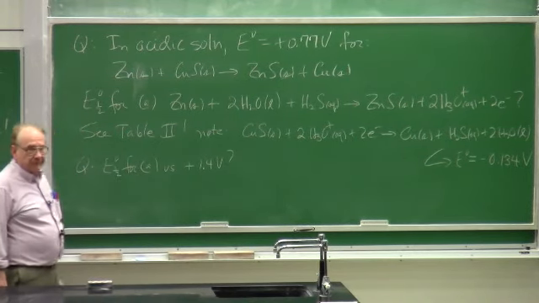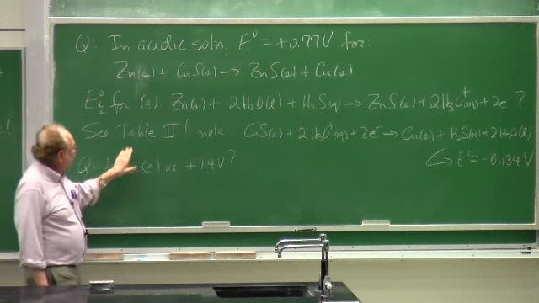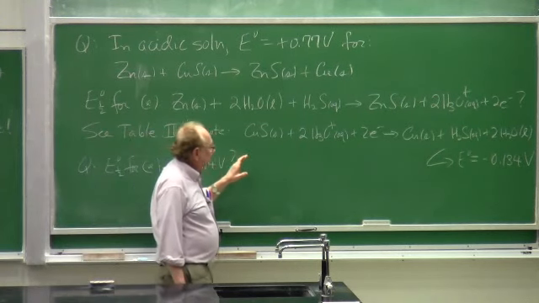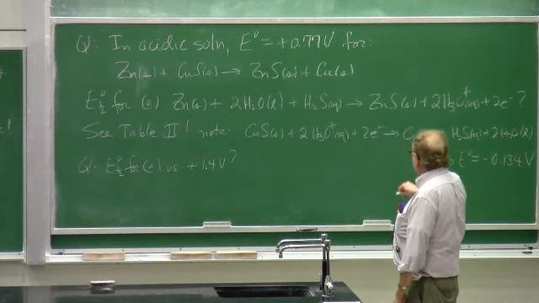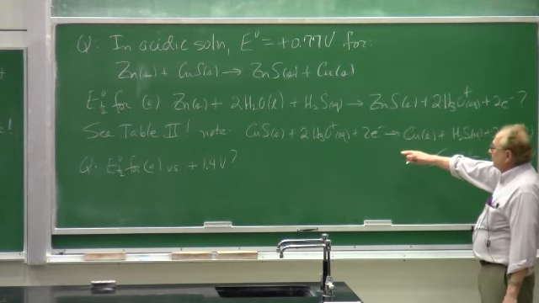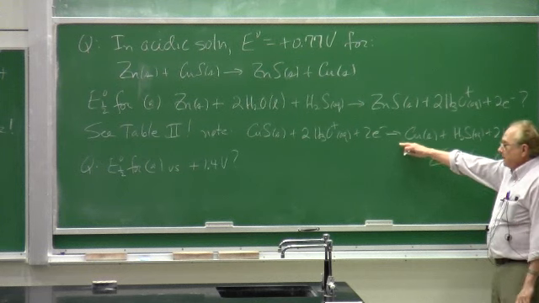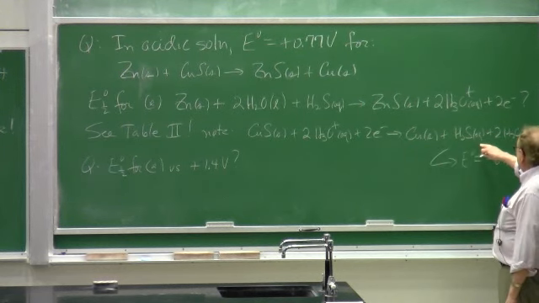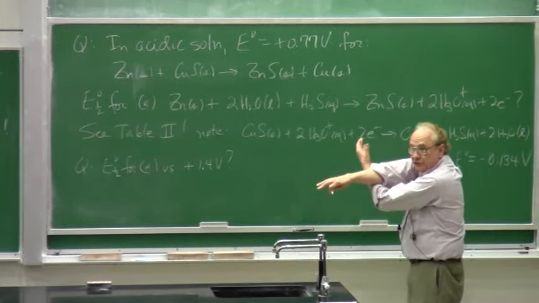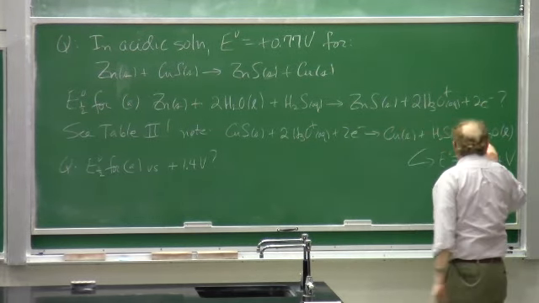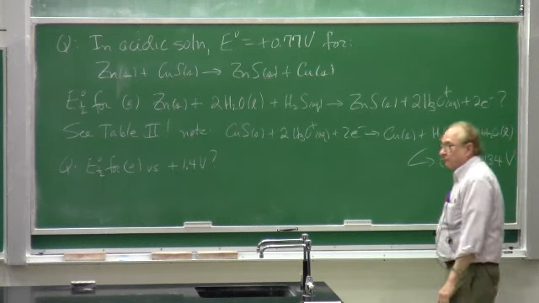Now then, we'll start by following this directive. In Table 2, our half reaction table, we see the appearance of copper sulfide plus hydronium ion, electrons, copper, H2S, water. Of course, in the table this is written in the other direction. And in the table this has a value of plus 0.134 volts.